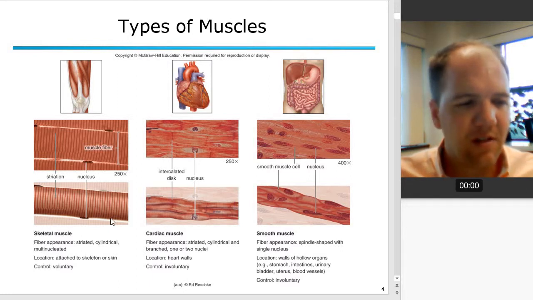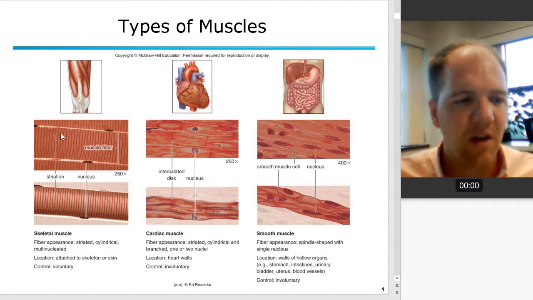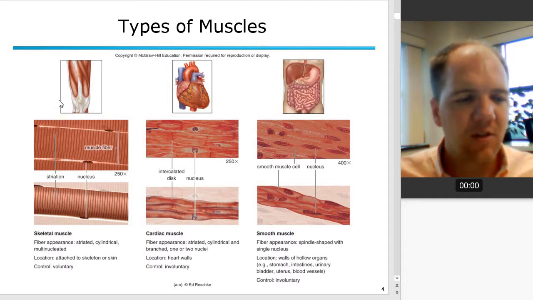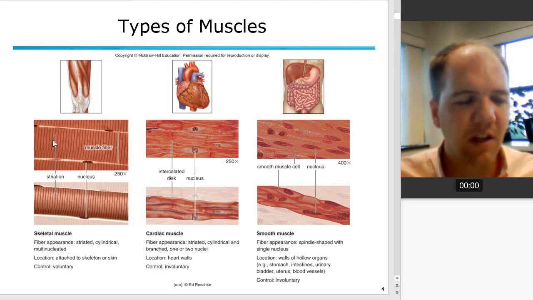Okay, so you can see the similarities and differences between these types of cells. Just to review, skeletal muscle and cardiac muscle are both striated, and smooth muscle is not striated. Skeletal muscle is voluntary. Cardiac and smooth muscle are involuntary. Skeletal muscle is attached to the skeleton, to the bones, and they're long, thin cells that are multinucleated.